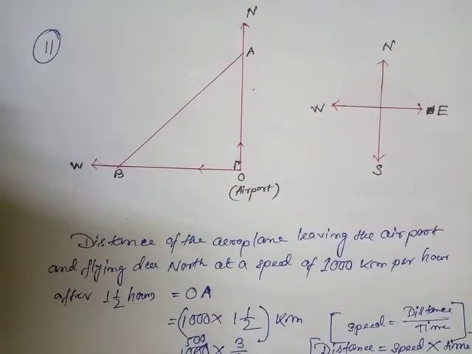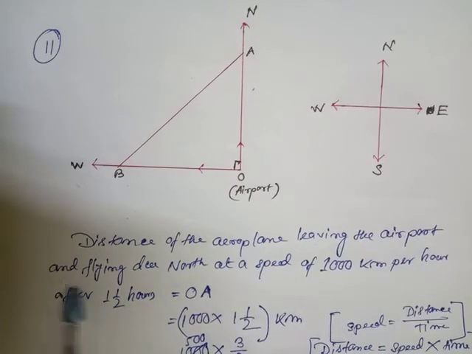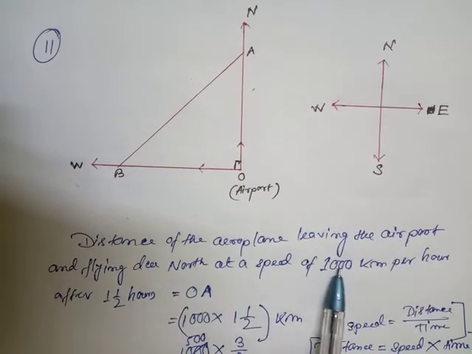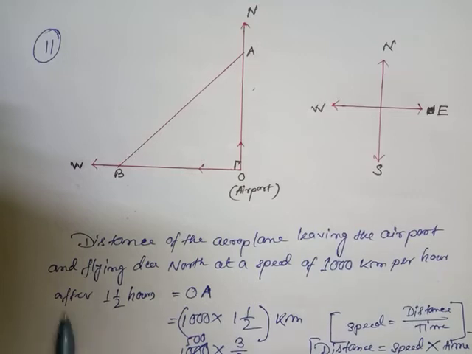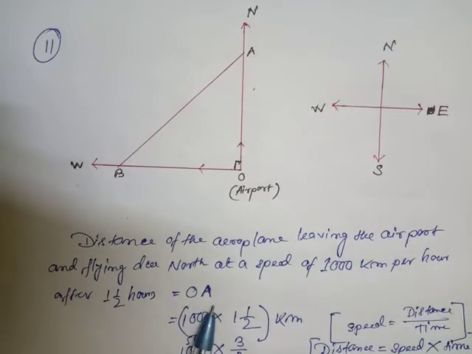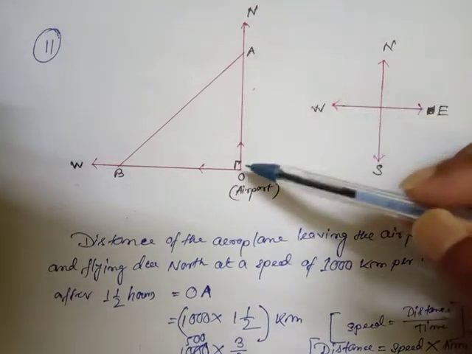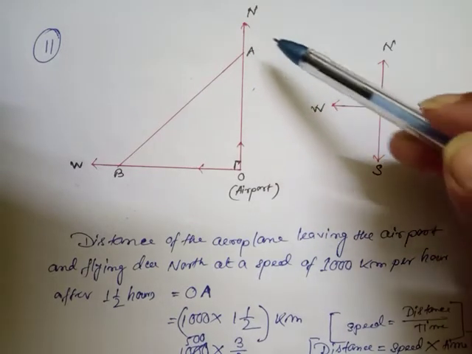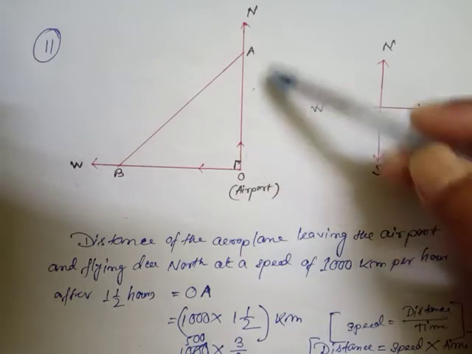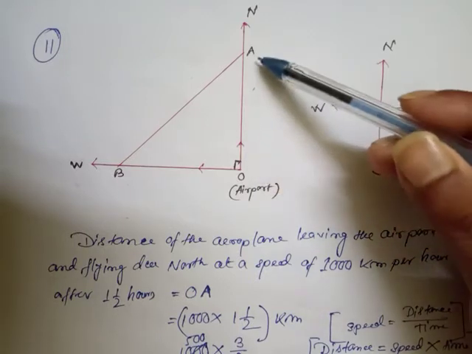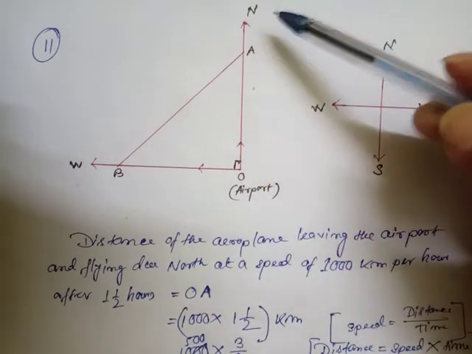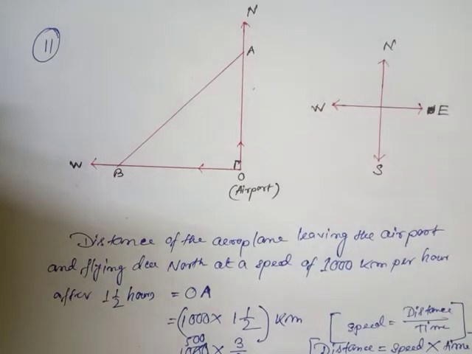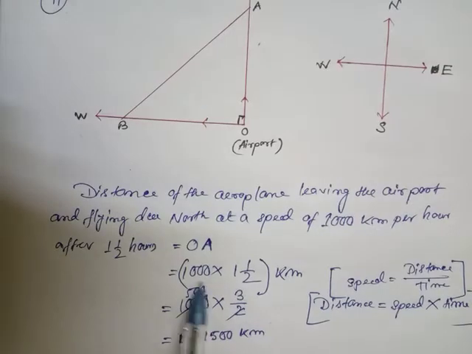Student, now look here. The distance of this aeroplane leaving the airport and flying due north at a speed of 1000 km per hour after 1.5 hours is equal to OA. A is the position where the plane is after 1.5 hours, and OA is the total distance covered by the first plane towards the north. Now look, 1000 into 1.5.